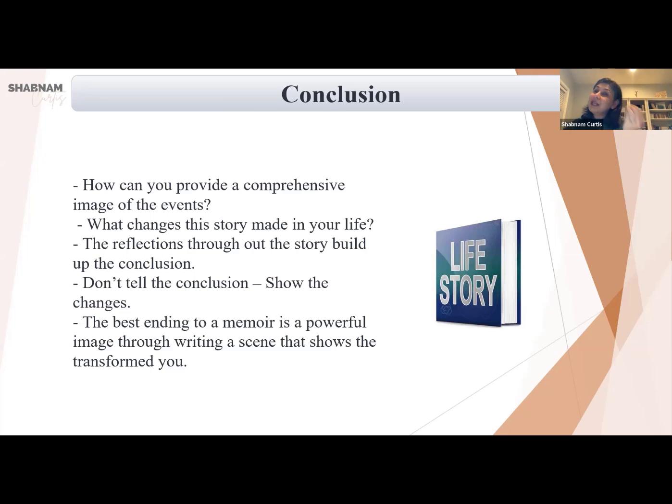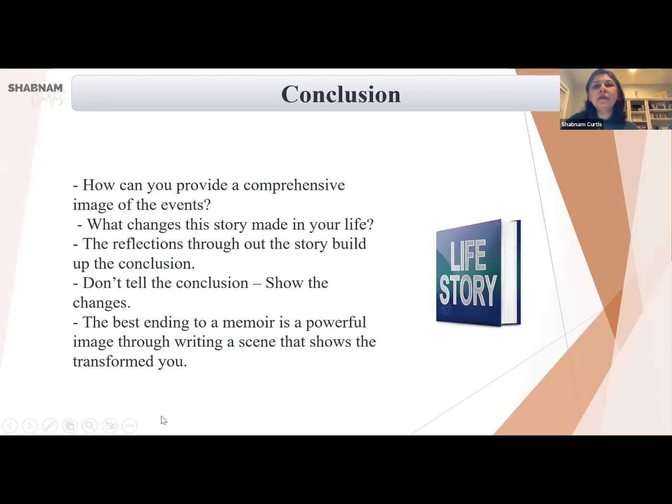You don't want to tell it; you want to show it through a scene and give a nice, beautiful image to the reader, but it doesn't have to be a happily-ever-after type of conclusion. Allow the reader to think about it. But if you bring in a strong image at the end, it usually helps the reader see the whole chain, the string of stories that you have brought into one book.